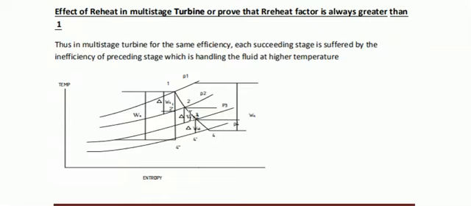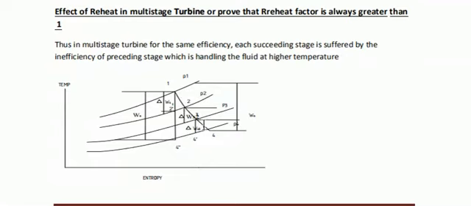Now let us consider the temperature versus entropy diagram. Here again we have pressure P1 to pressure P4. In between these two pressures we have two stages: the first stage is maintained at a pressure P2 and the second stage at a pressure P3. So this is what the temperature versus entropy diagram shows: stage 1, stage 2 and stage 3.